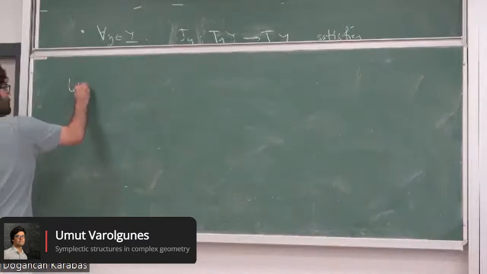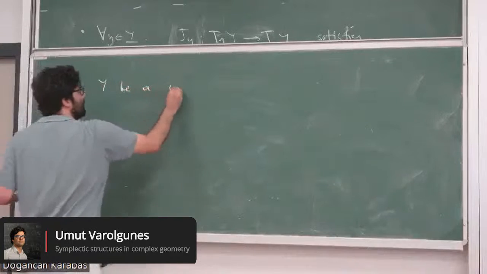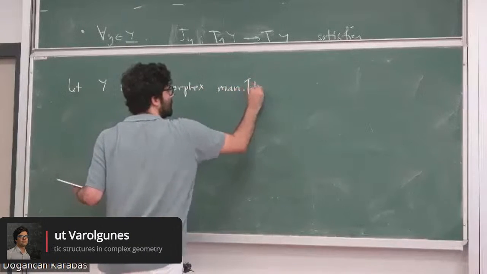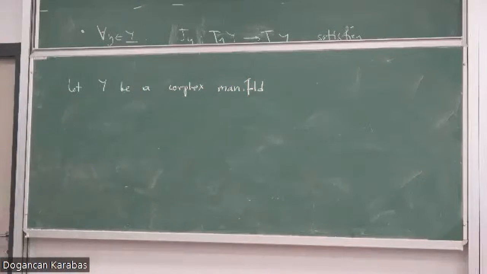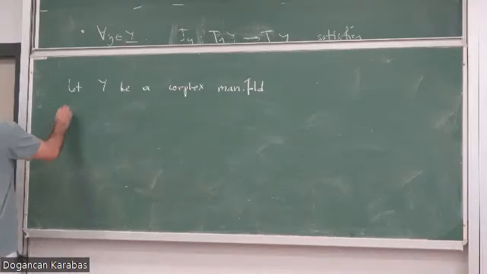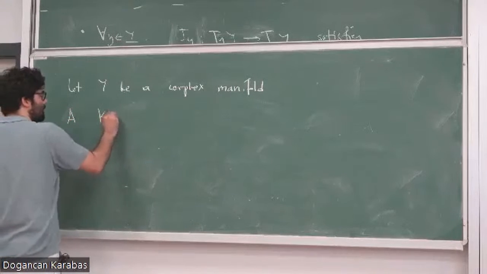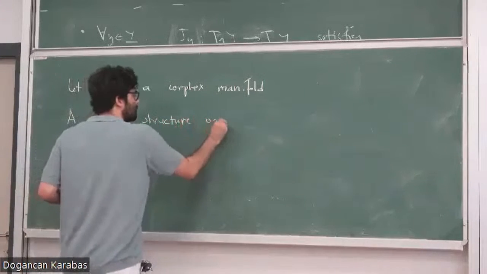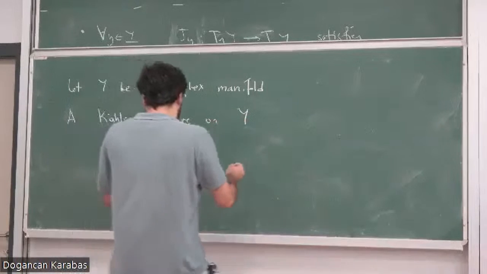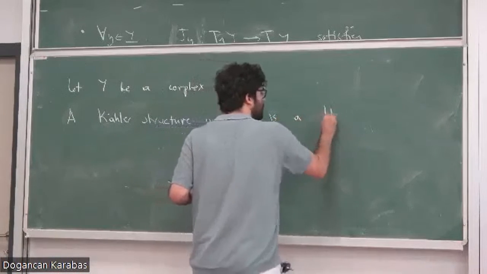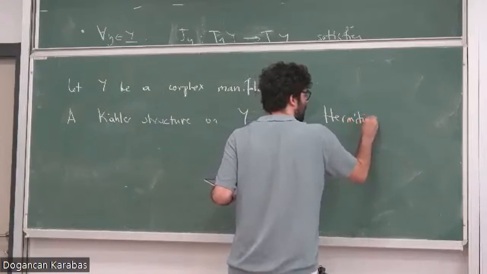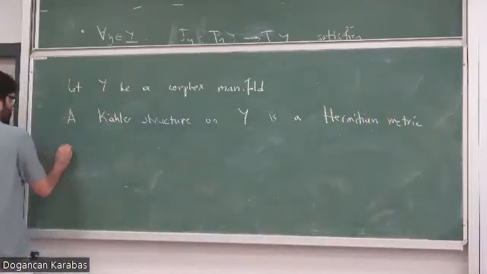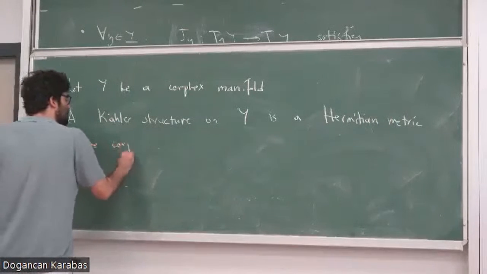Okay, so now let Y be a complex manifold. A Kähler structure on Y is a Hermitian metric on the complex tangent space.